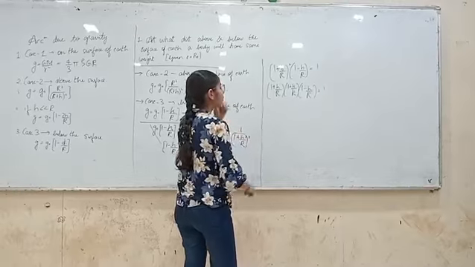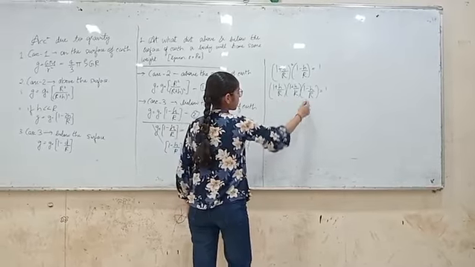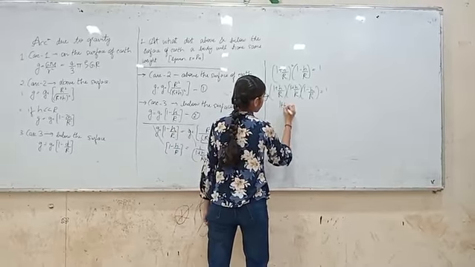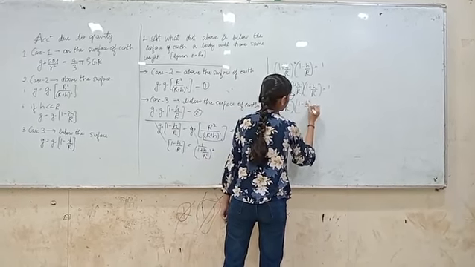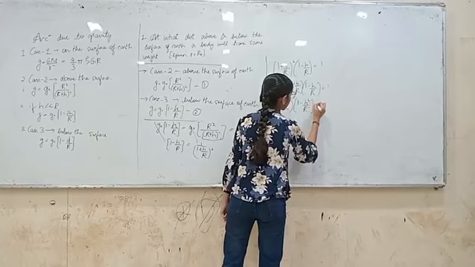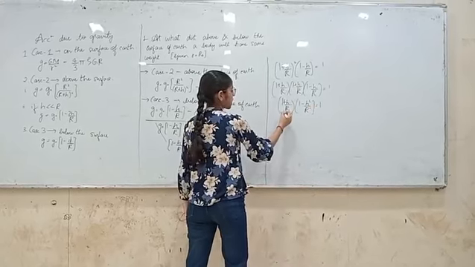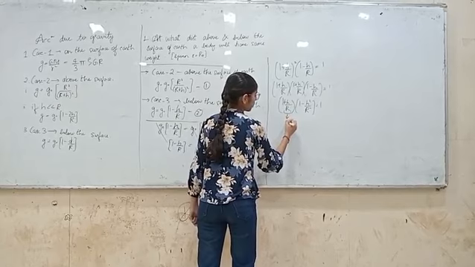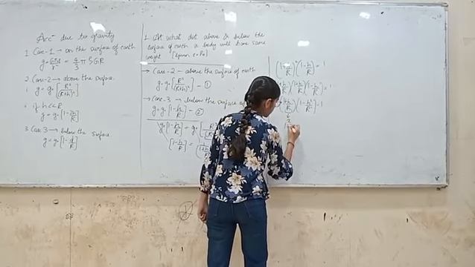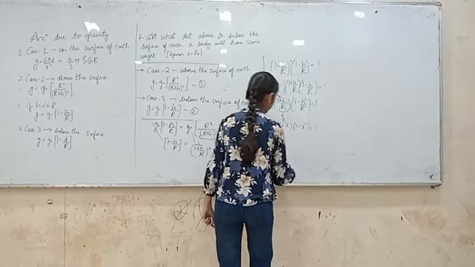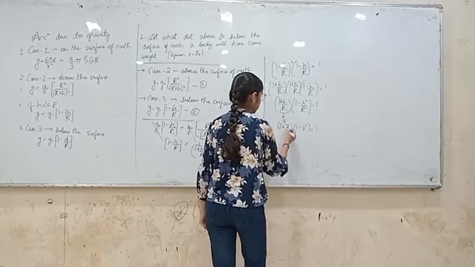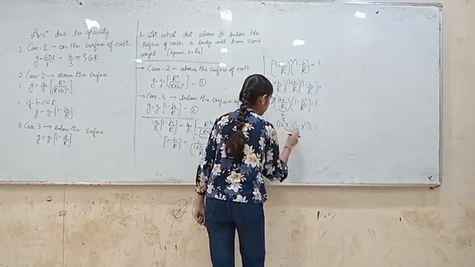Here we can apply the formula (a plus b) into (a minus b). Instead of taking h by R, we will simply substitute it as x. So (1 plus x) into (1 minus x) square equals 1. So we need to solve this equation.